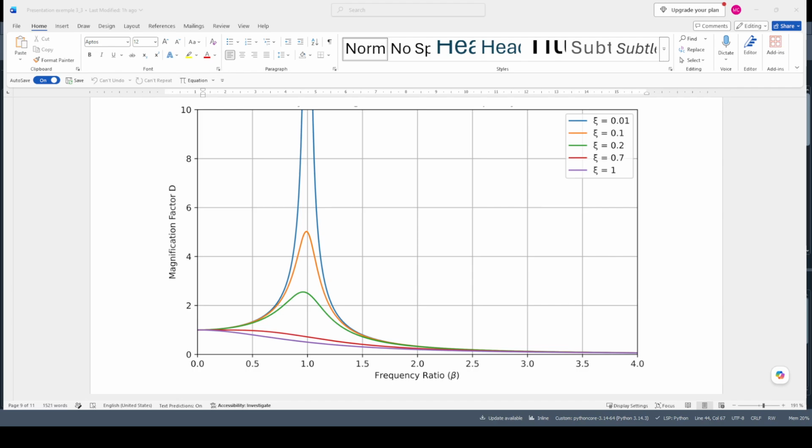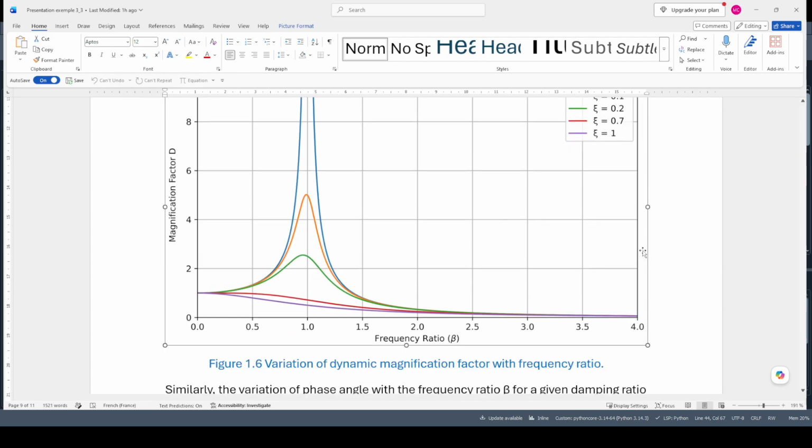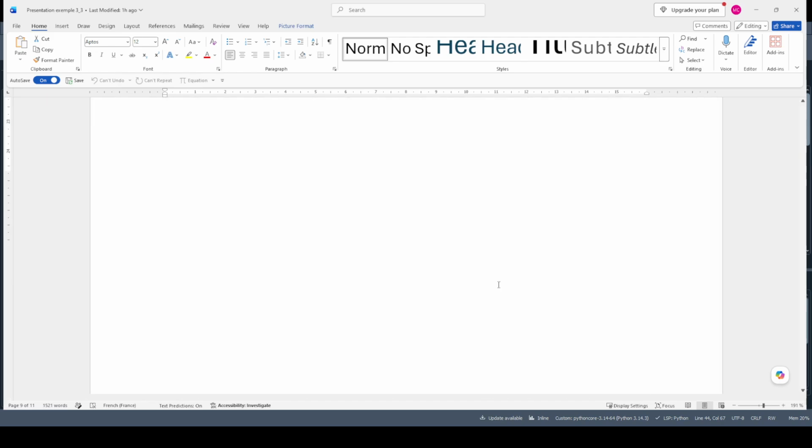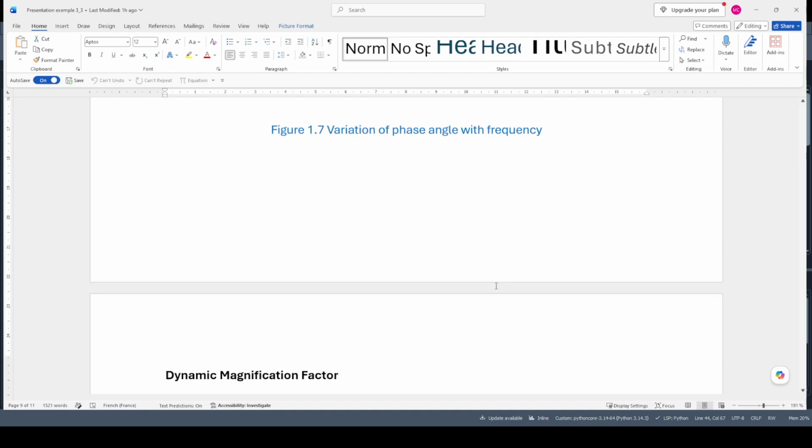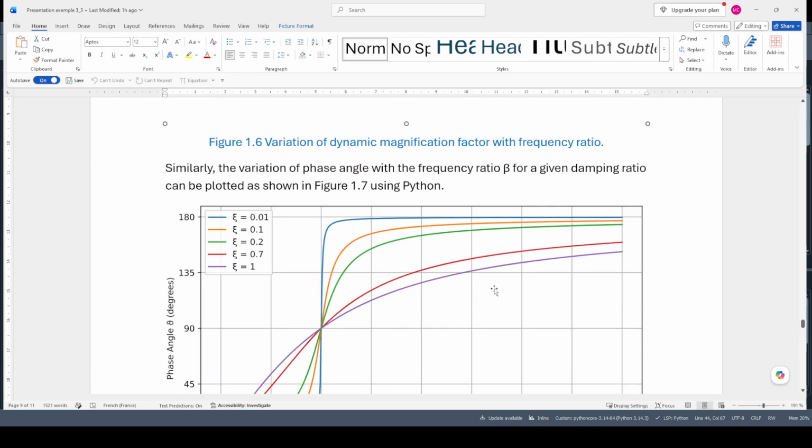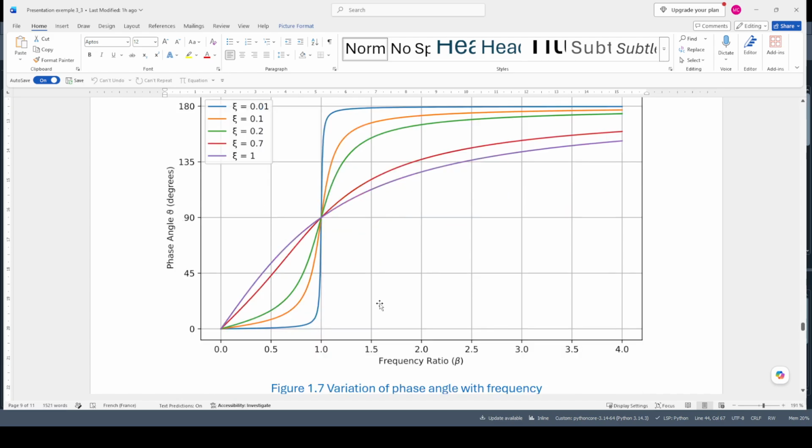We can also plot similarly the variation of phase angle with the frequency ratio with the same values of psi, so psi 0.01, psi equal to 0.1 and psi equal to 0.2.